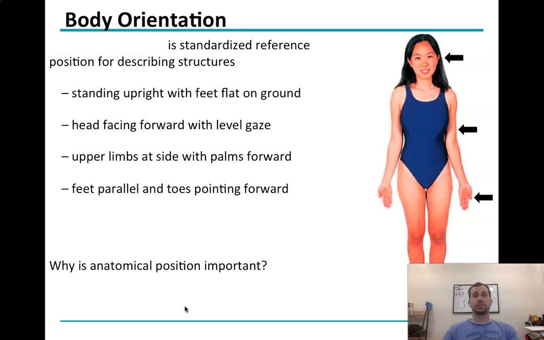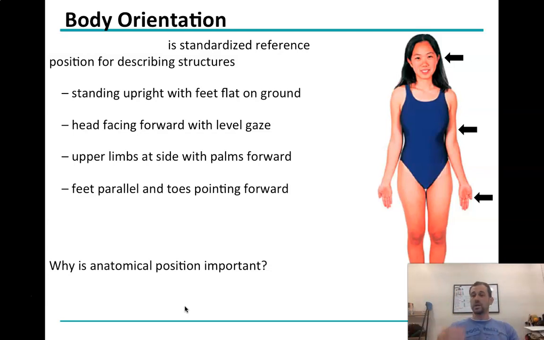The first thing to understand is anatomical position, which is portrayed on this slide. Whenever we discuss a body part, we must talk about it relative to this position. So think back to the example of where your hand is relative to your elbow. Does that change when you're sitting in a chair versus when you're standing with your arms crossed?